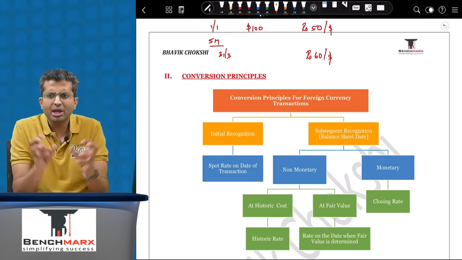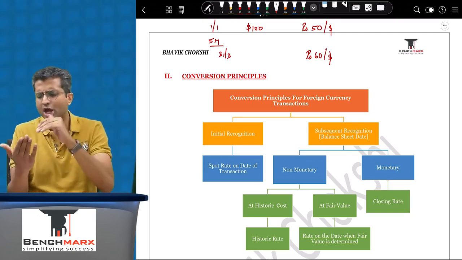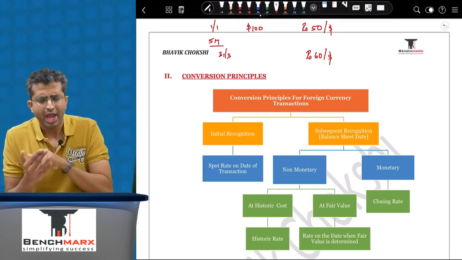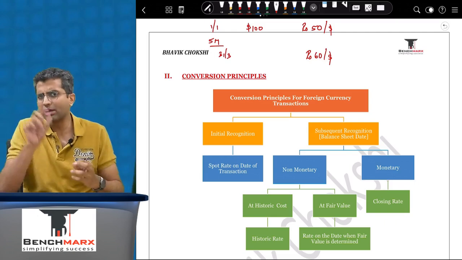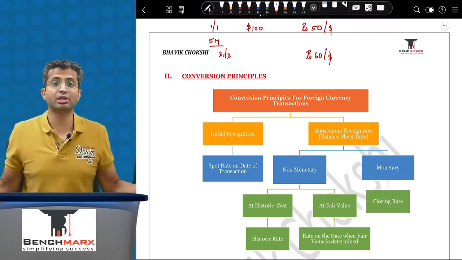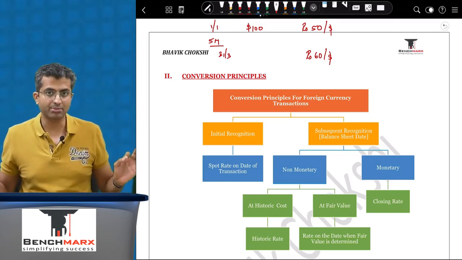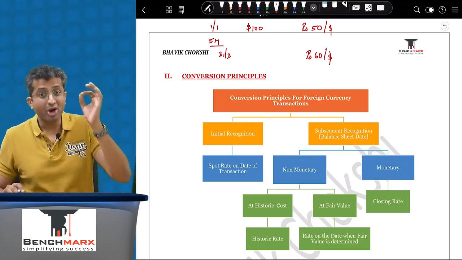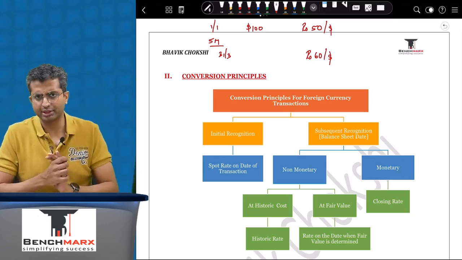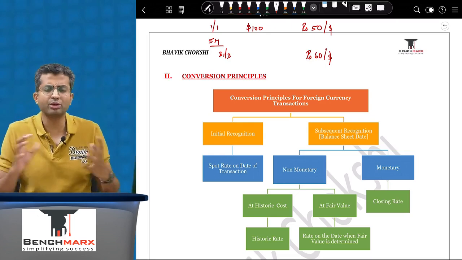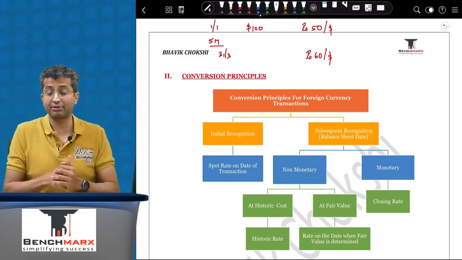Sir, why? Because the amount is fixed, the amount is determinable. You are going to get $100 only, and the $100 that you are going to get can be converted at the rate prevailing as on the date of the balance sheet, which is rupees 60 per dollar. So over here, monetary items are converted at the closing rate. Perfect. This is something that you have studied even in your Inter-CA AS 11.